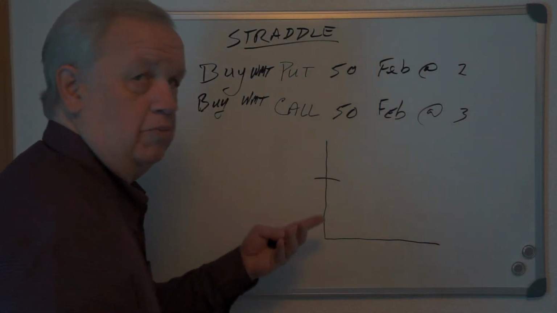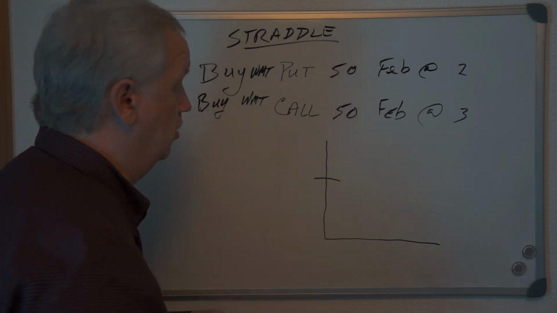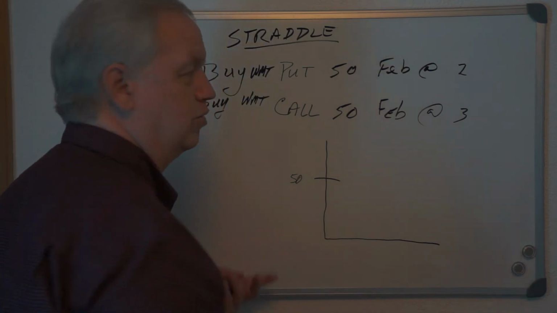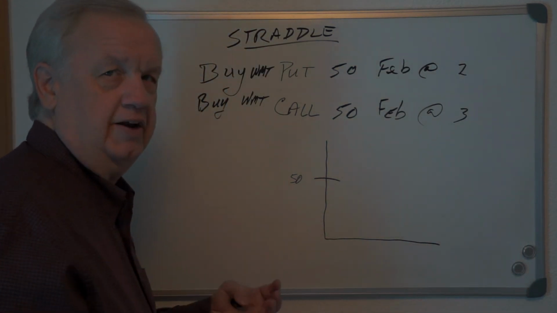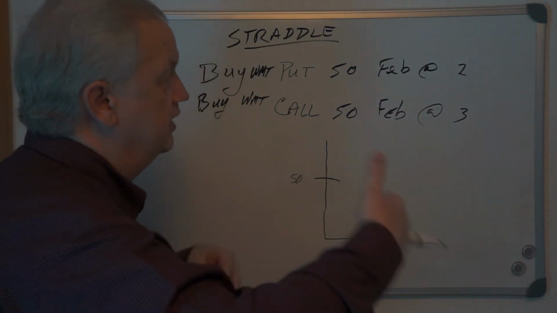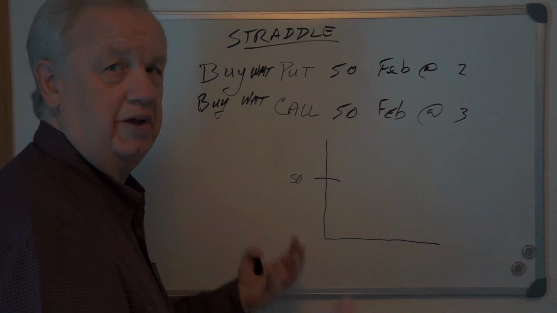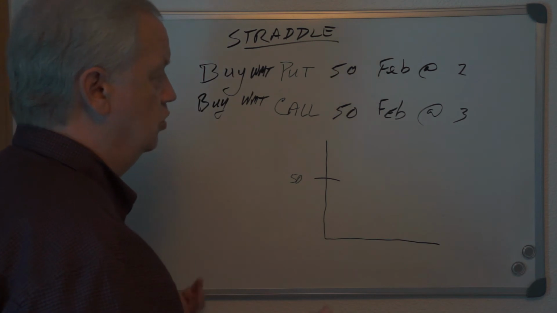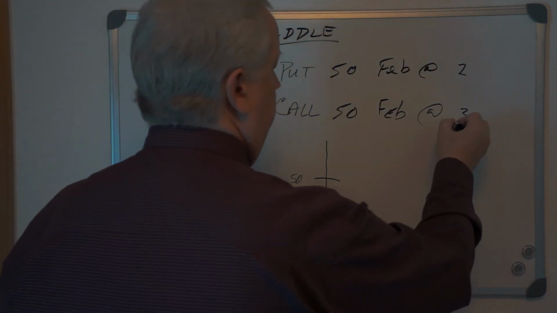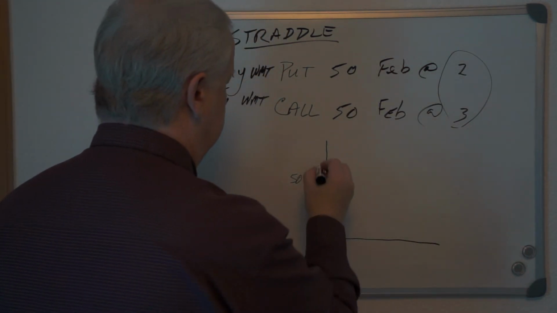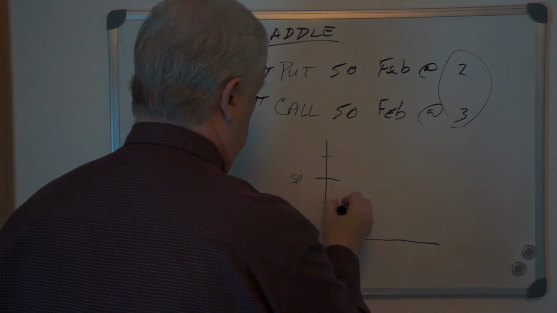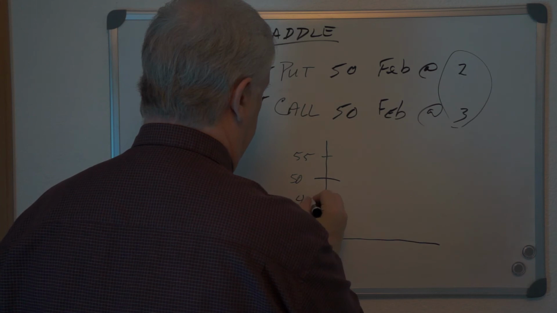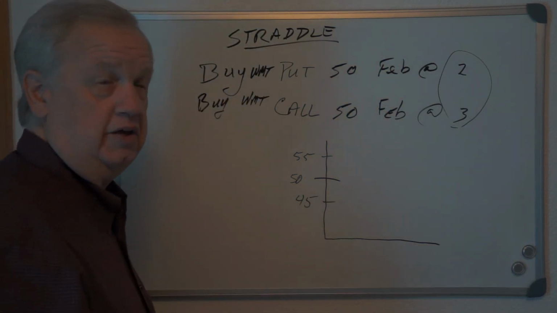And this is a good way to mark your break even as well. So here's the exercise price of 50. I don't care where the market price is right now. I'm just trying to identify it and get an idea of break even point, where I'm going to make money, where I'm going to lose, in case they ask a follow-up question. So where's the break even point? $5, right? It cost me $5. 55, 45. Those are the break even points.